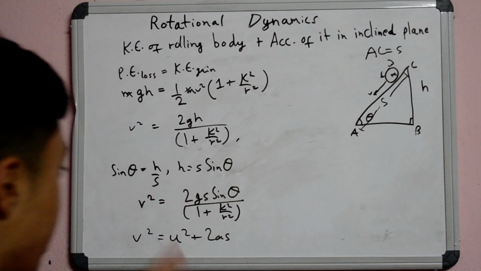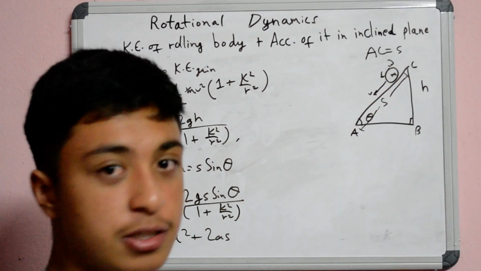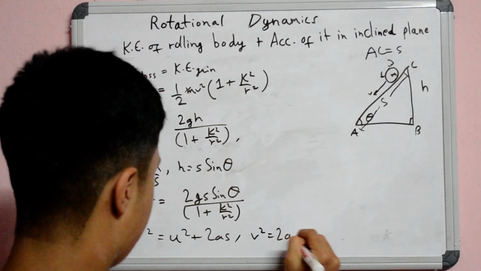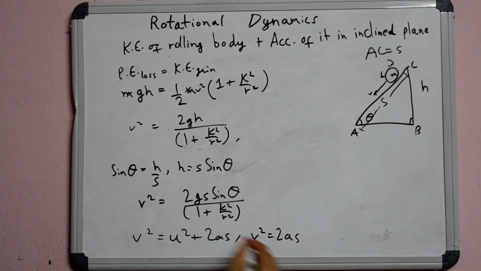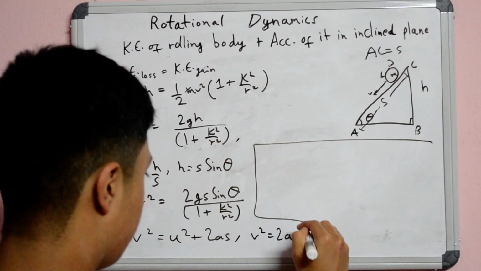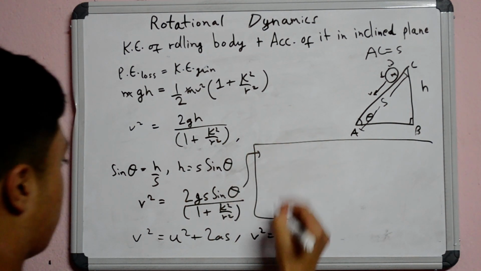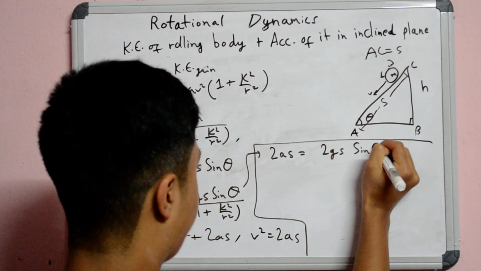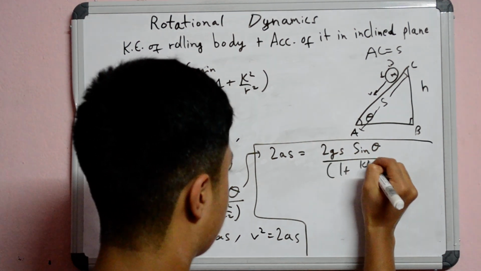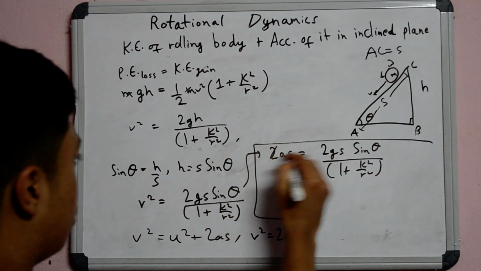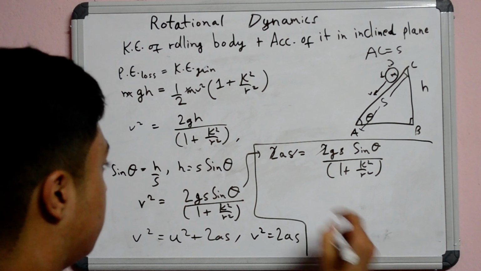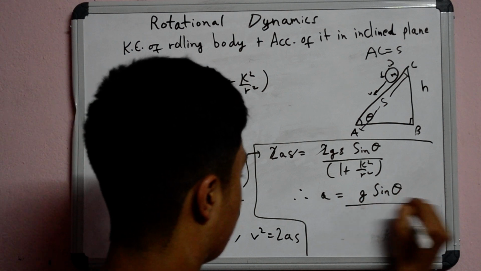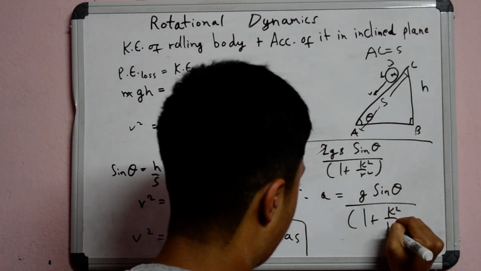Here the initial velocity, if we have the ball right here, is 0, so v² equals 2as. Let's put it in this equation: 2as equals 2gs sin theta divided by (1 plus k²/r²). Now the 2 cancels and the s cancels. Therefore we have acceleration a equals g sin theta divided by (1 plus k²/r²).